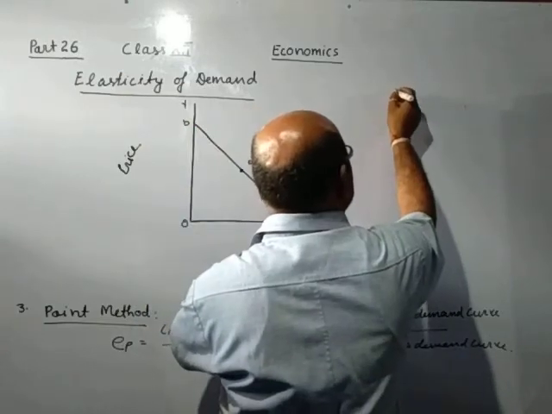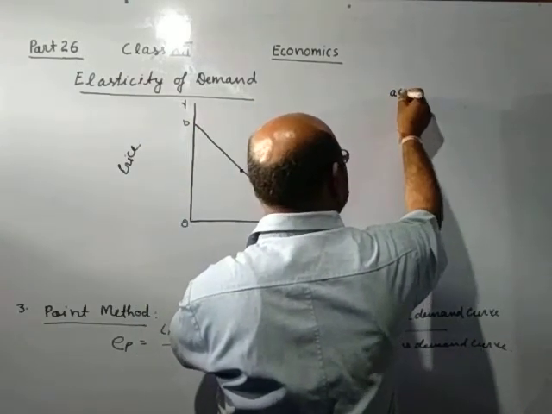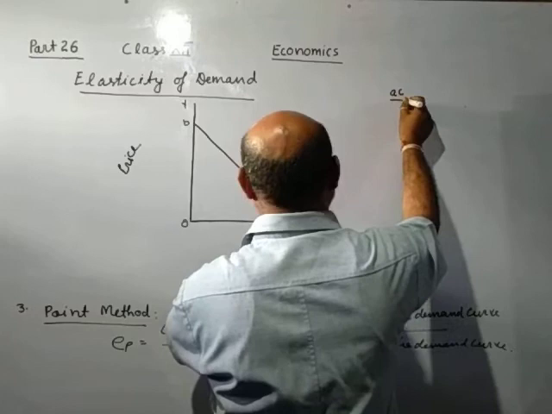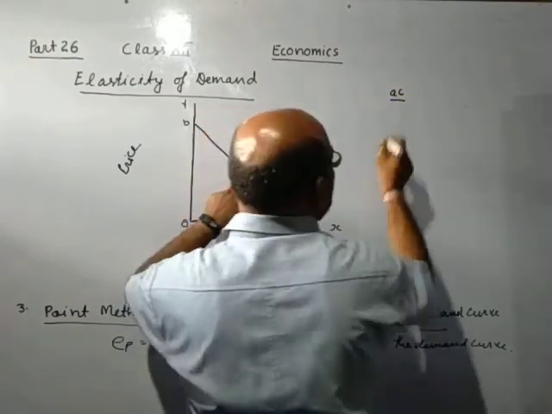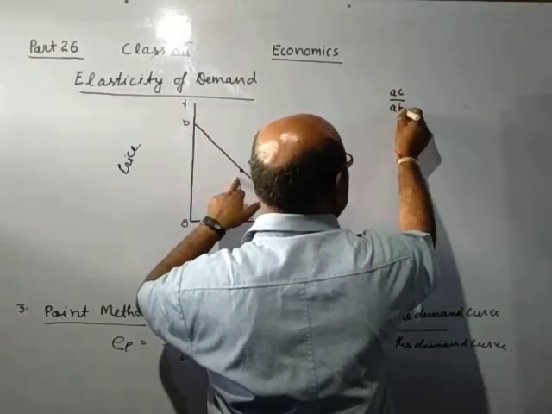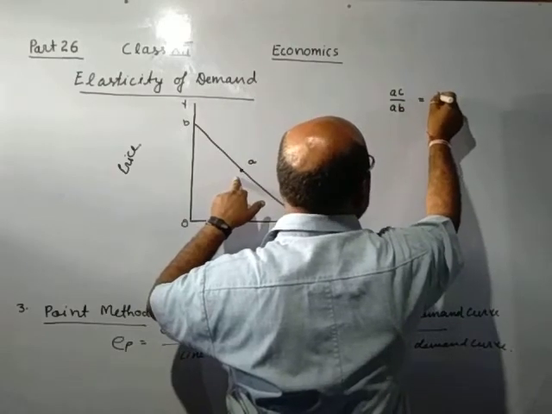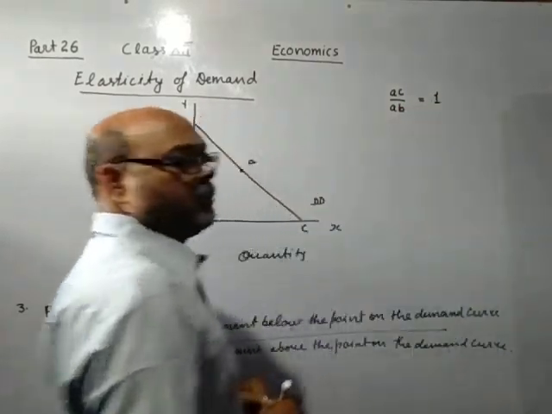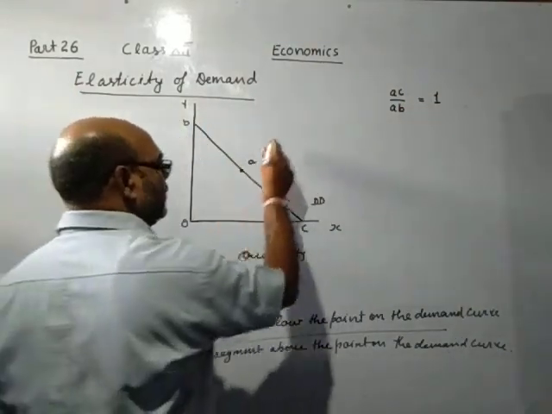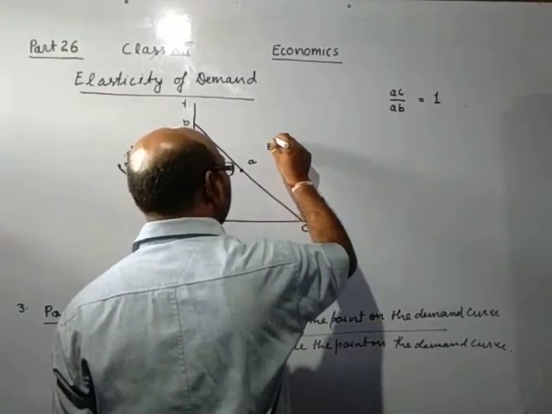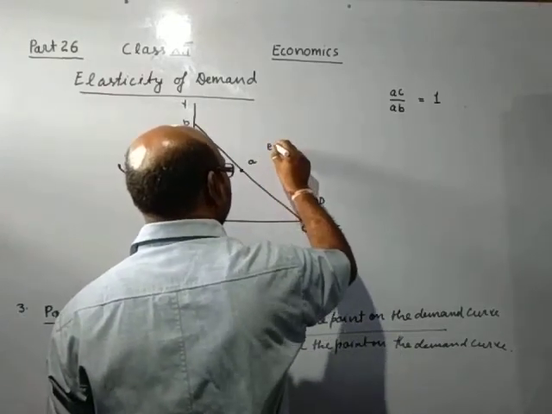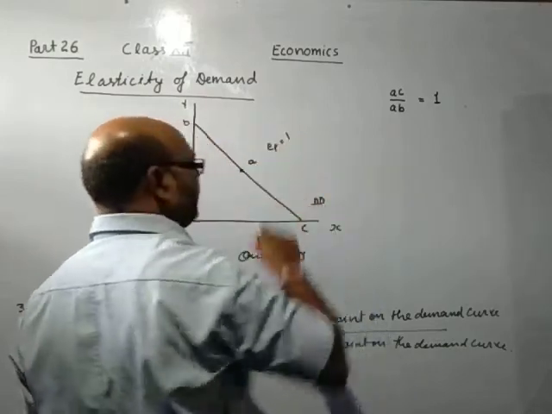So first case, AC upon AB, and this result comes 1. So on this point, elasticity of price will be called unitary elastic.